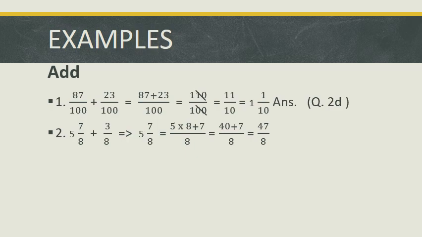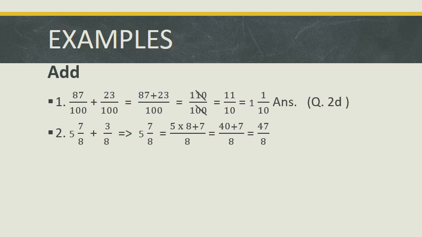Yes, this is the way to change the mixed fraction. 5 multiplied by 8 plus 7 upon 8 is equal to 40 plus 7 upon 8, and that is equal to 47 by 8. So, mixed fraction 5, 7 by 8 is equal to 47 by 8.